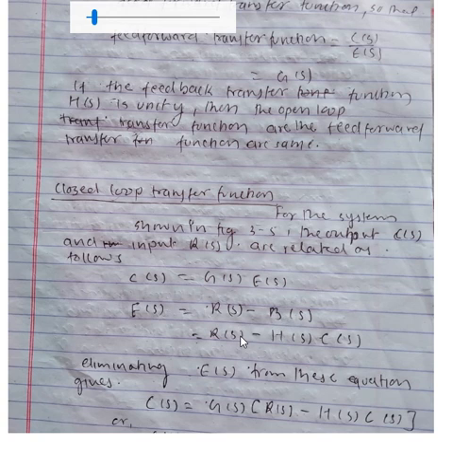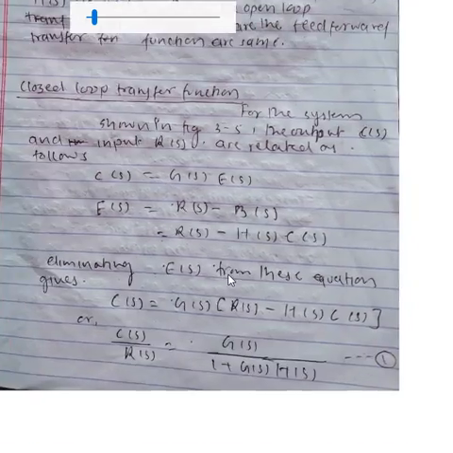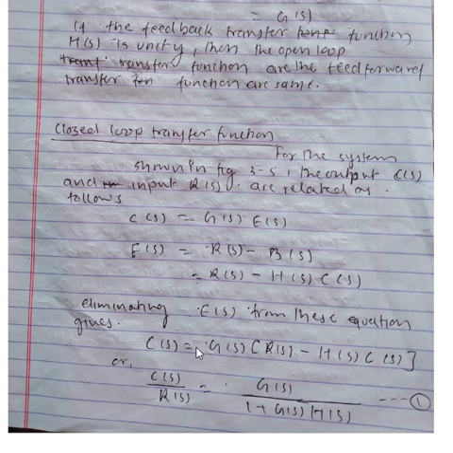So R(s) minus the feedback signal, which is the product of H(s), the feedback transfer function, and the output function. Eliminating E(s) from this equation gives C(s) equals G(s) times the bracket R(s) minus H(s) into C(s).